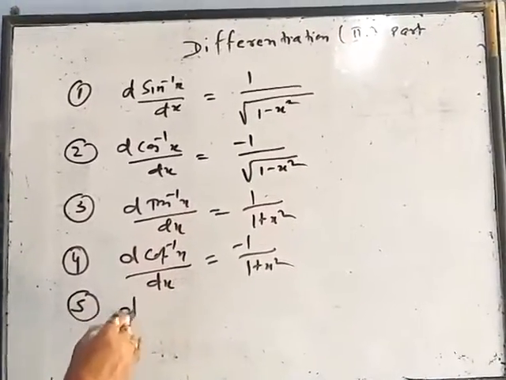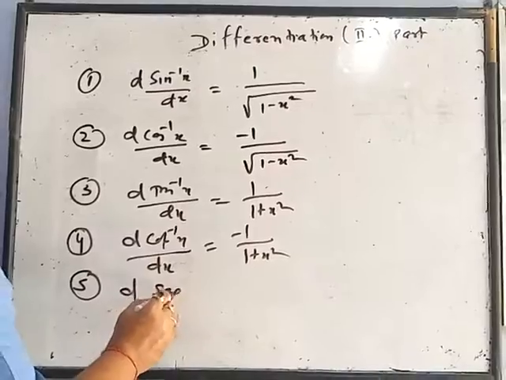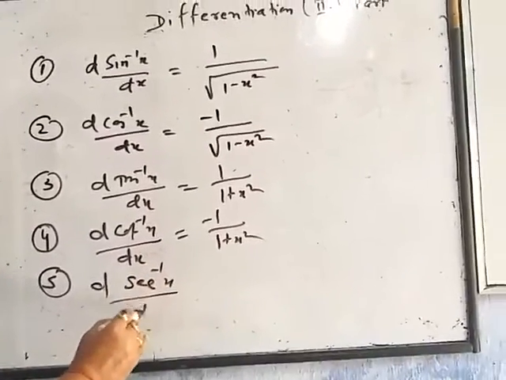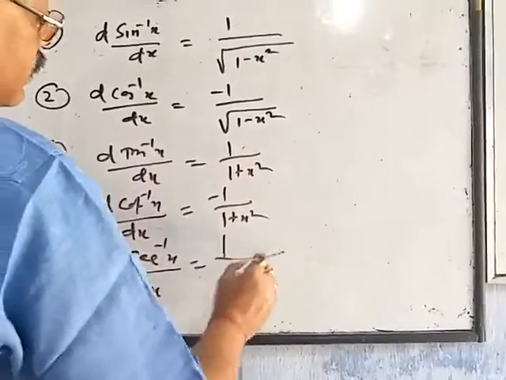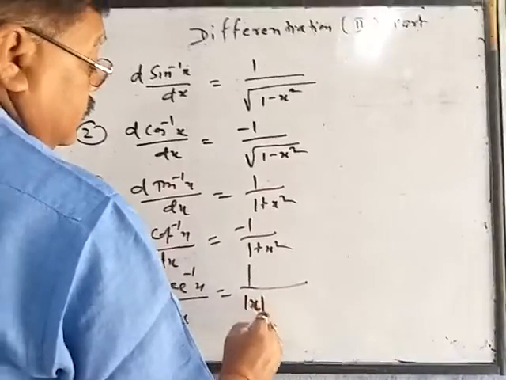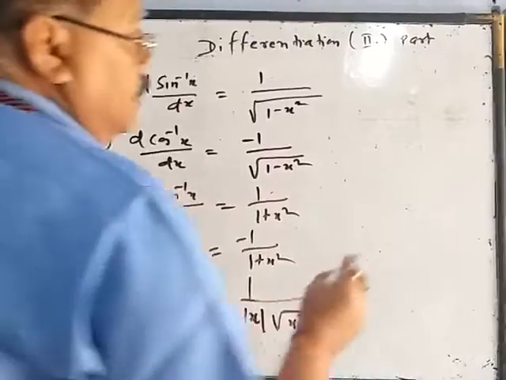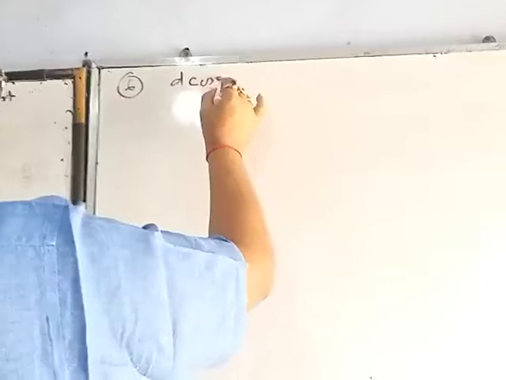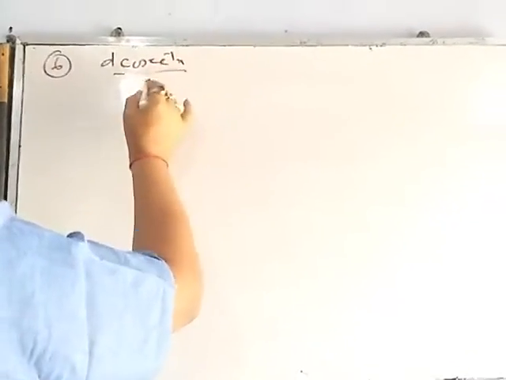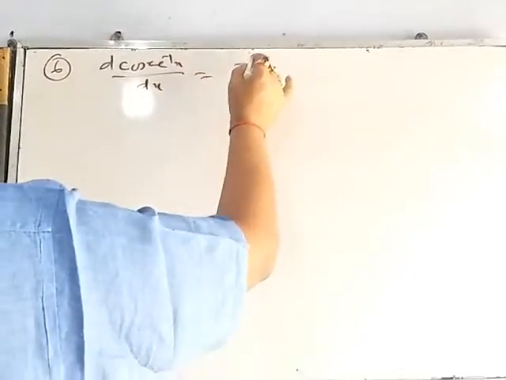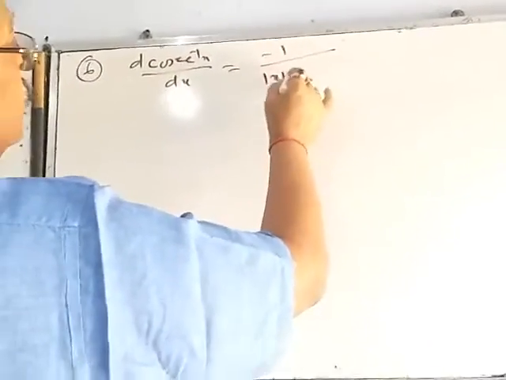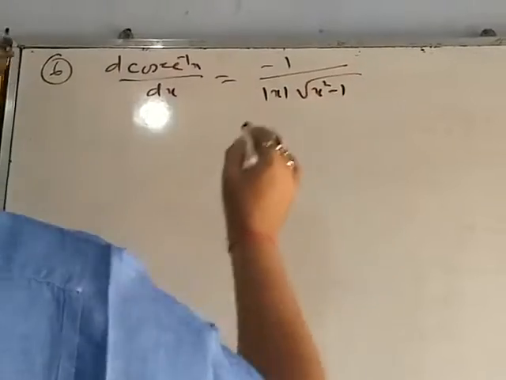Fifth, d sec inverse x by dx is 1 by mod x root over x square minus 1. And sixth, d cosec inverse x by dx is minus 1 by mod x root over x square minus 1.